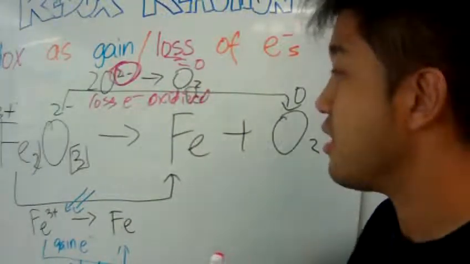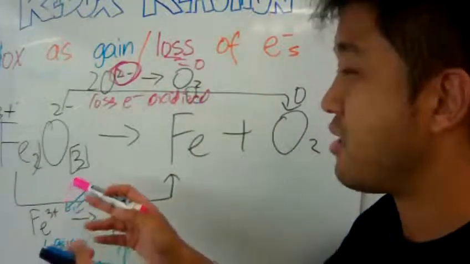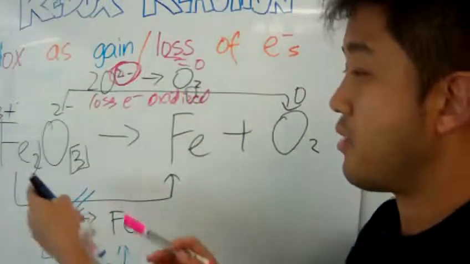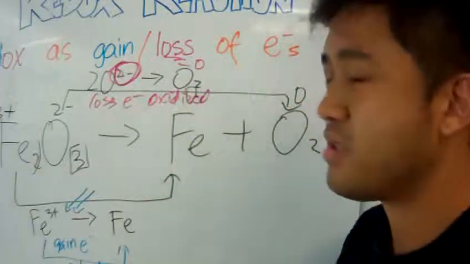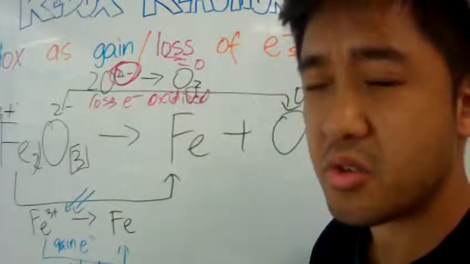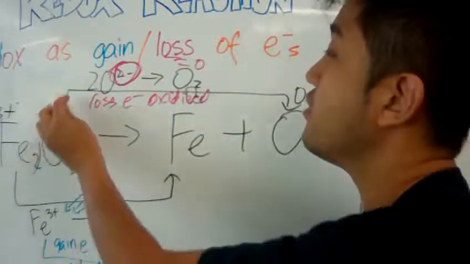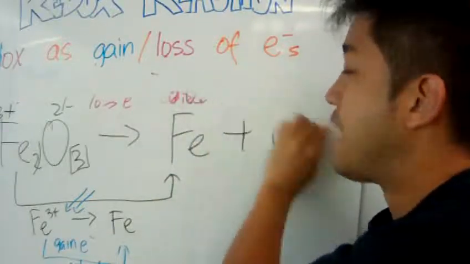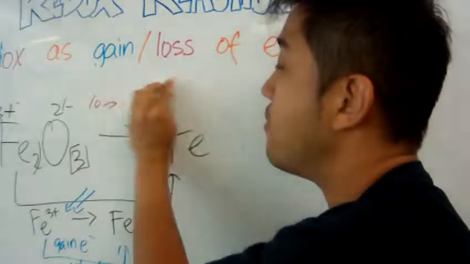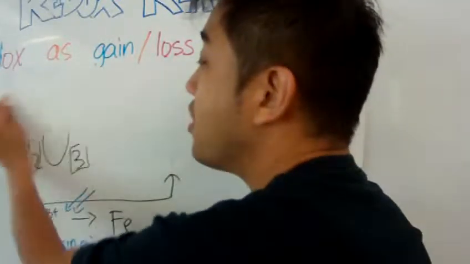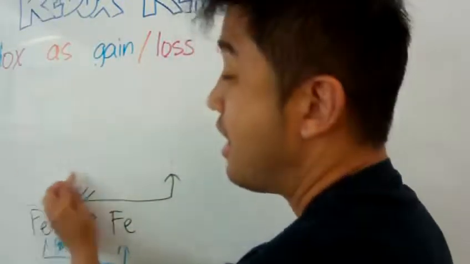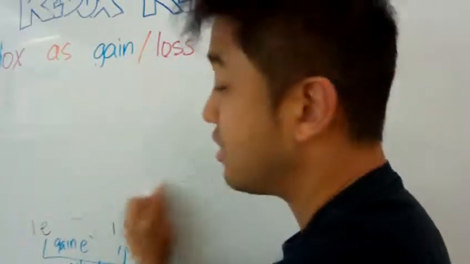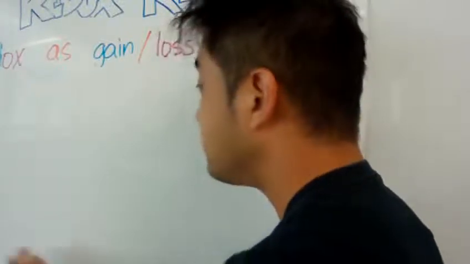You can use electrons to explain ionic reactions, or reactions involving ionic compounds and compounds that are dissociated in solutions, right? Which is really helpful, because now we can explain what is happening at the atomic level, or more importantly, what's happening to the electrons as the reagents undergo chemical reactions.